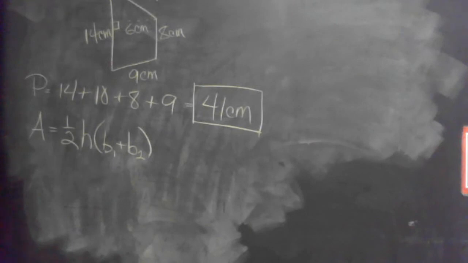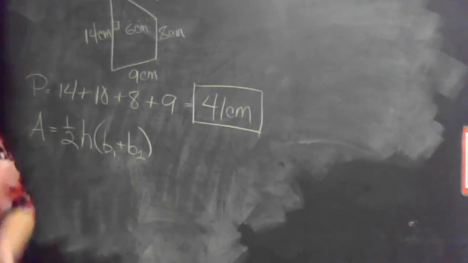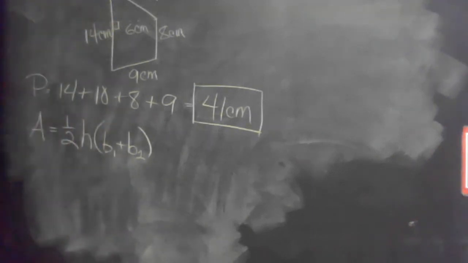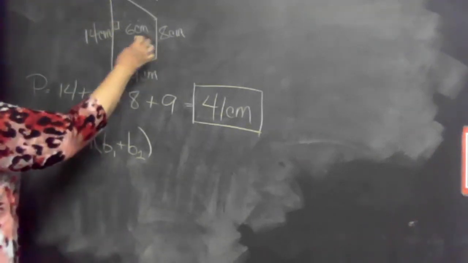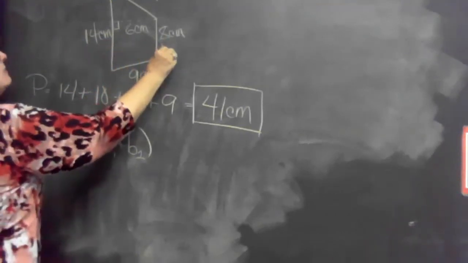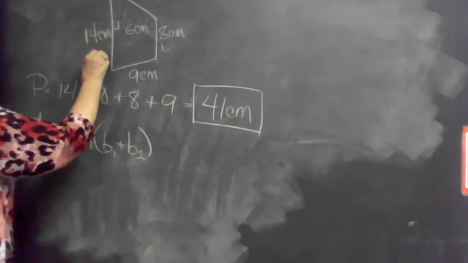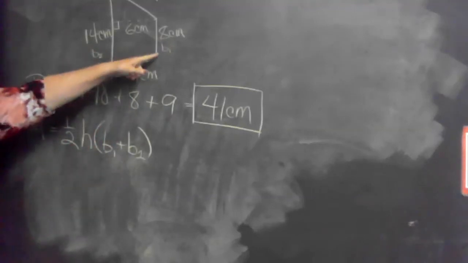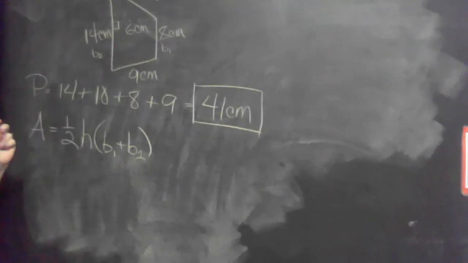You will always know the bases because those are the sides that are parallel. So they turned this trapezoid on its side, but these are the parallel lines. So these are the bases. Do you see? Okay, these are the bases because the bases are parallel to each other.